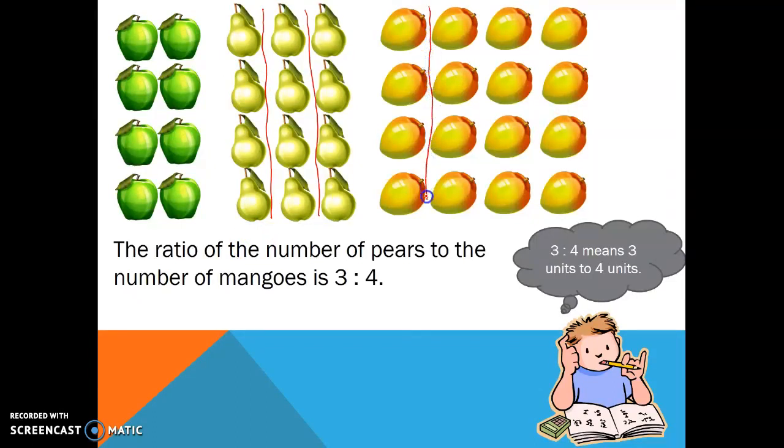And if I look at my rows of mangoes here, I have 4 units of 4 mangoes. So my ratio of the number of pears to the number of mangoes is 3 to 4. I'm just counting units: 1, 2, 3 units here, 1, 2, 3, 4 units there.